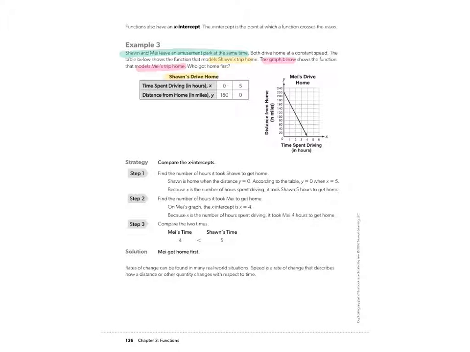So we're going to start with Sean. For Sean, when y is 0, right, no distance left, x is 5. So it looks like at 5 hours in, he has 0 miles left to go.